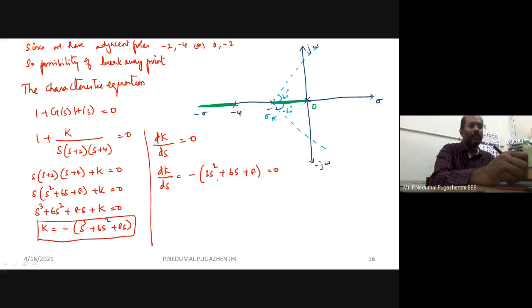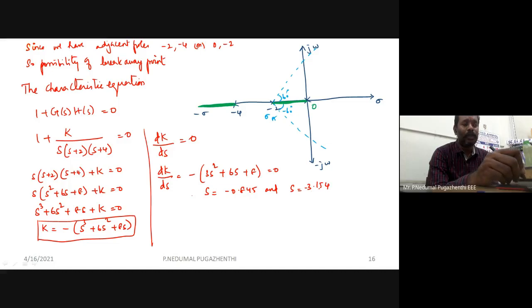If I solve this quadratic equation using the quadratic formula and find the roots, I get s is equal to minus 0.845 and s is equal to minus 3.154.